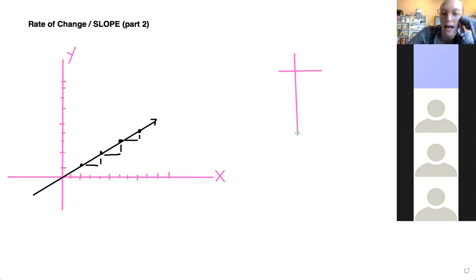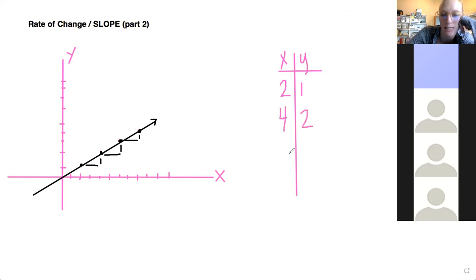We can also look at functions using an input-output table. So I could look at what is the input compared to the output, and let's see how the rate of change shows up in this table. When x was 2, y was 1. When x was 4, it went up to 2.